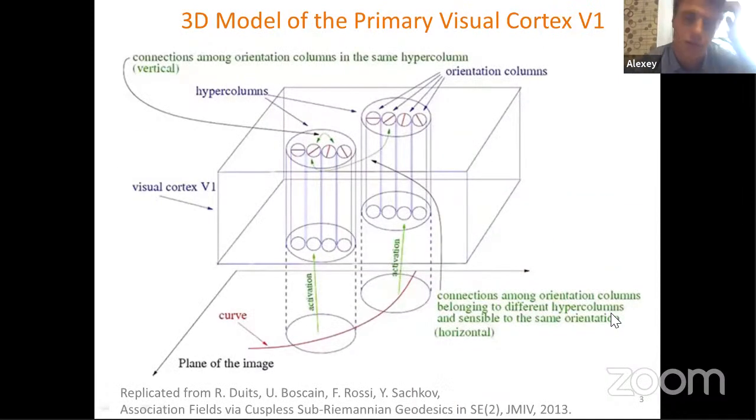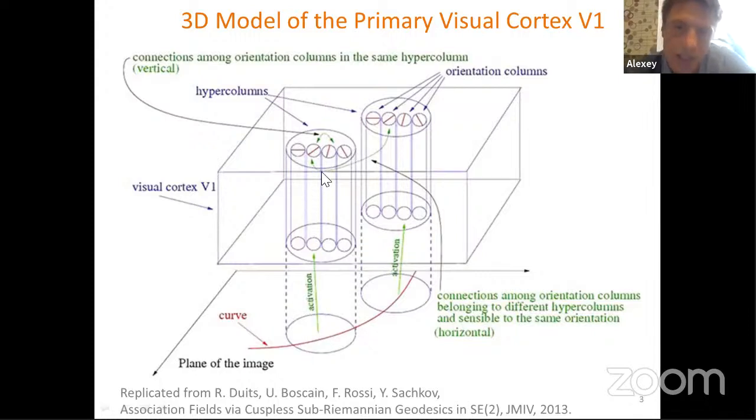There is a well-known mathematical model that describes the neuron cells of the visual cortex as hypercolumns that can detect orientations. Hypercolumns consist of columns which are sensitive to different orientations. They are grouped in hypercolumns that can detect different orientations in the same area of the retina.